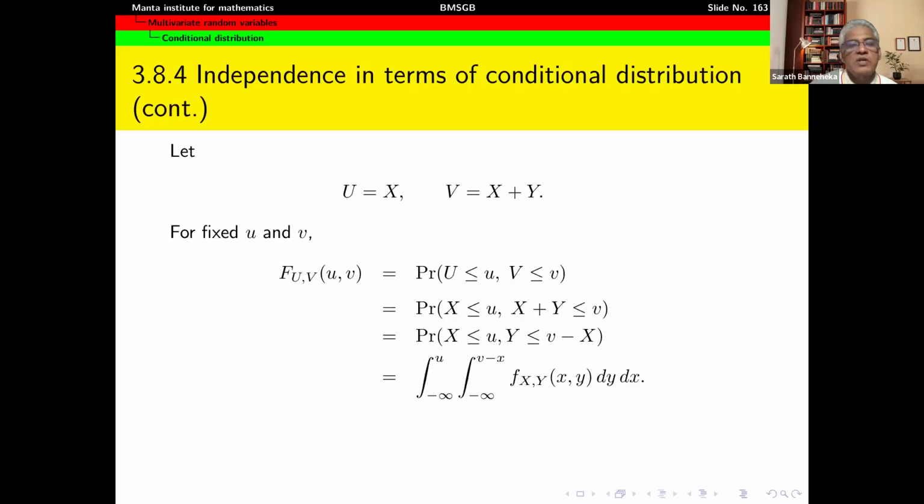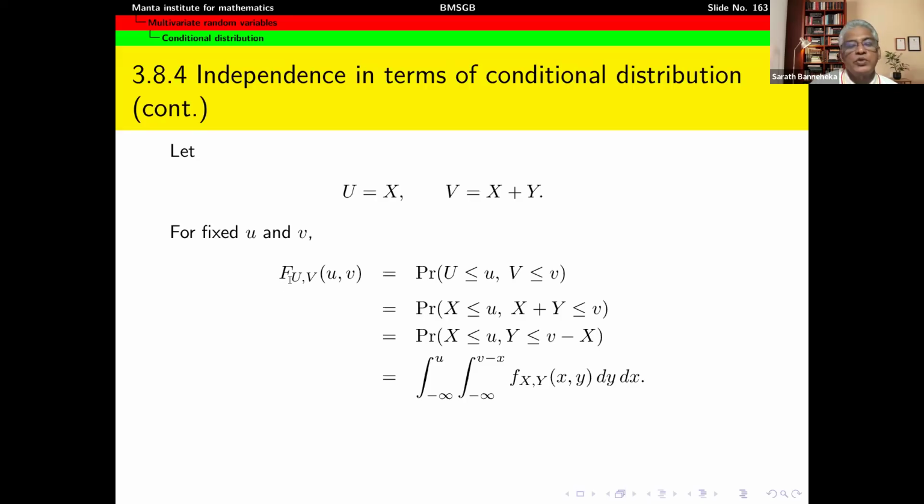The method that we have discussed is first to derive the joint cumulative distribution function and then take the derivative of that to get the joint density function. So we will use that for the moment, and once we discuss the other method, called the method of transformations, we can use that method.